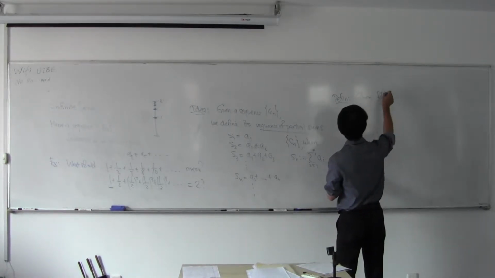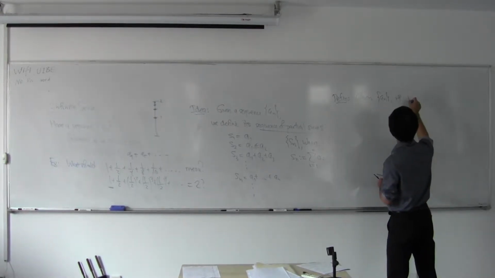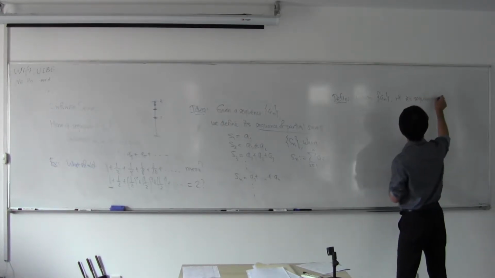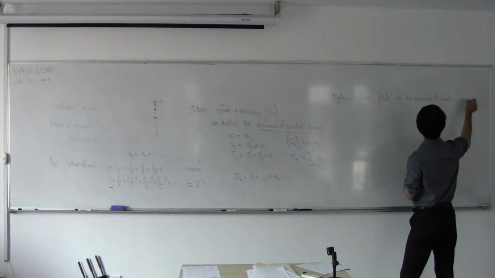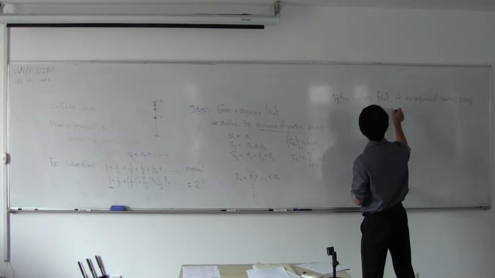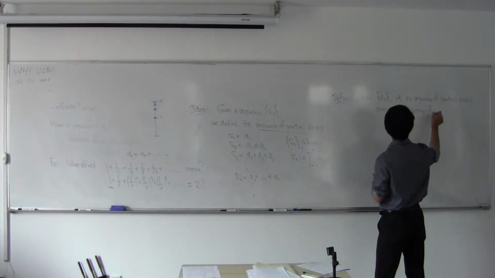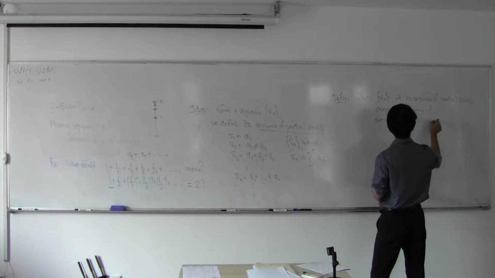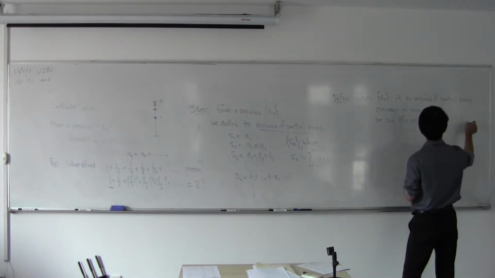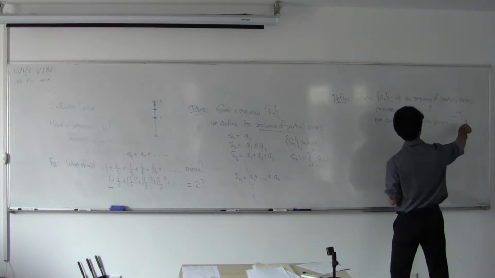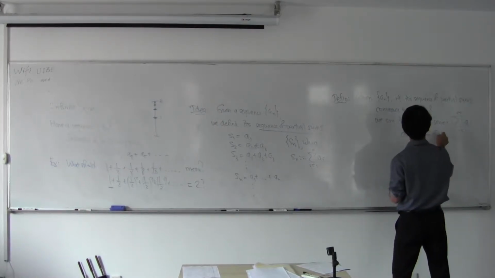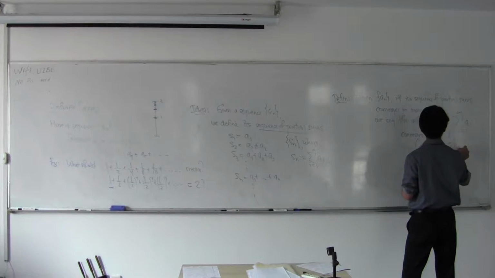Given the sequence A sub n, if its sequence of partial sums converges to some L, we say the infinite series, the sum of A sub i from 1 to infinity, converges to that L. And we write the infinite sum is L.